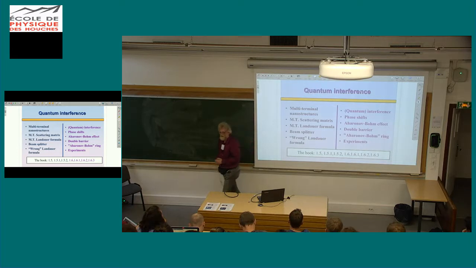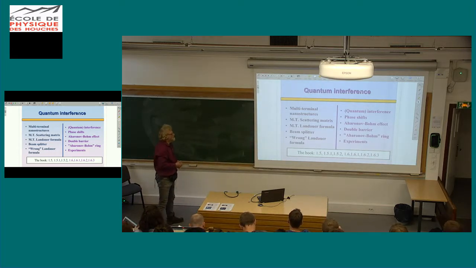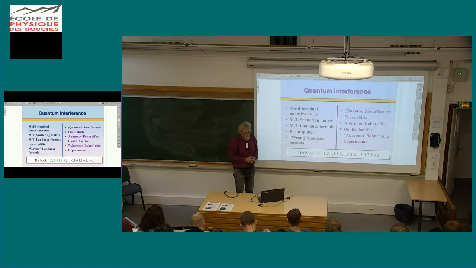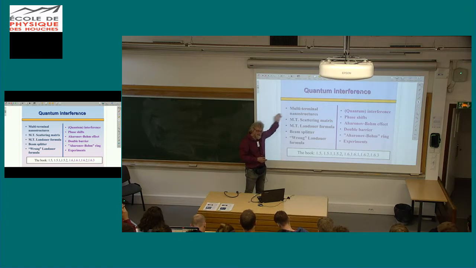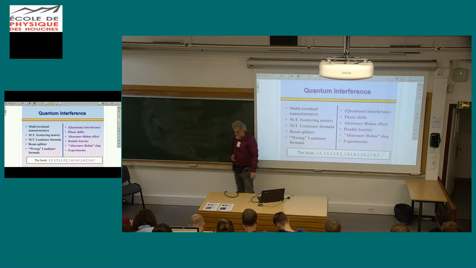So, second lecture. It will be about quantum interference, but not quite right away. First of all, I will have a rather boring topic, because in order to talk about interference in the context of scattering, I will have to talk about the multi-terminal scattering matrix, the multi-terminal situation.